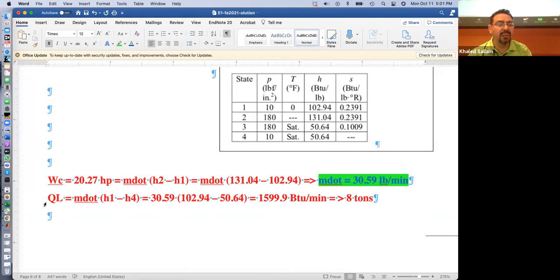And then you come to the second equation. Q is M dot delta H, and now you've got your M dot. You get your Q low, and then you convert it. Again, you Google the conversion, and they will tell you it's 8 ton. That's the third problem. Done? Good job.